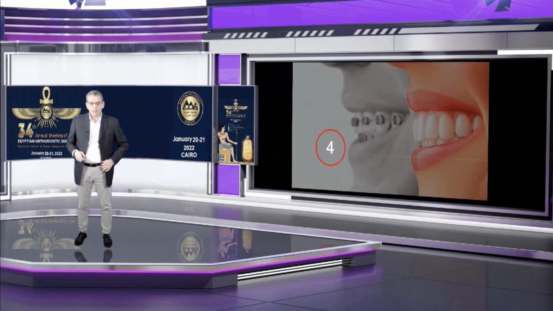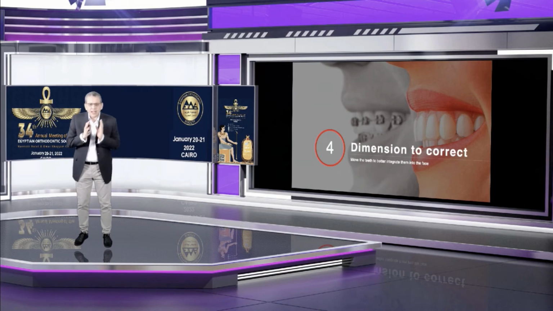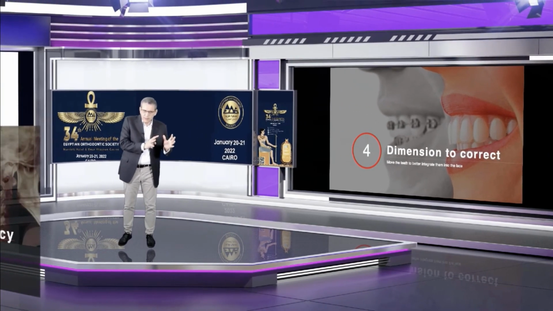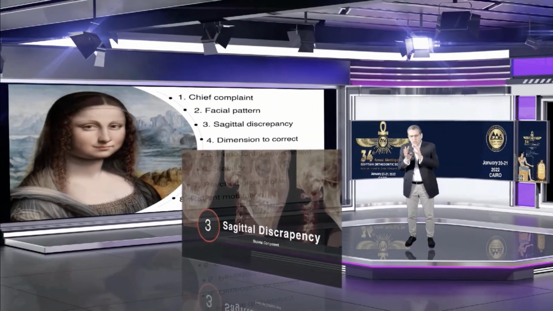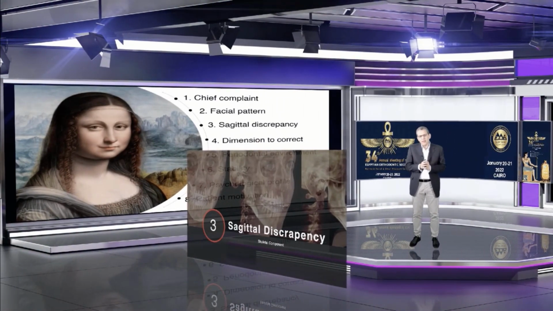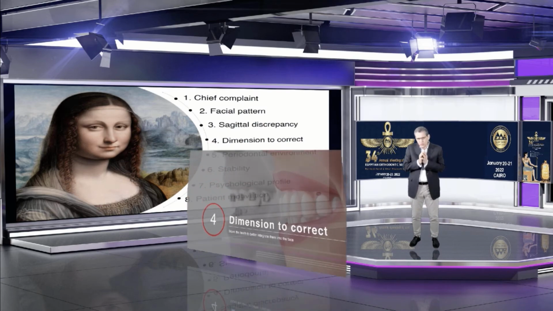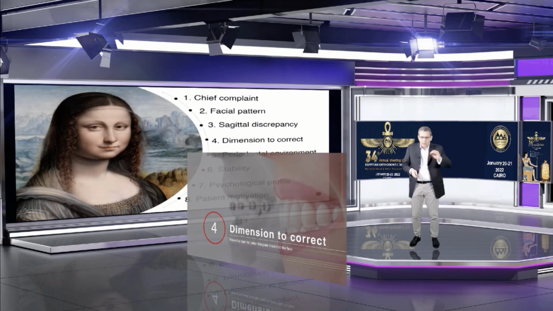So, the dimension to correct. We saw the sagittal discrepancy. Now we will see the dimension to correct. The dimension to correct is really important to take into consideration. Why?